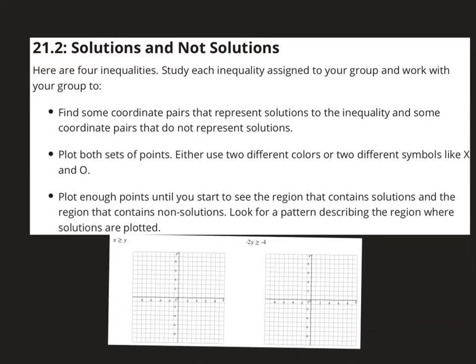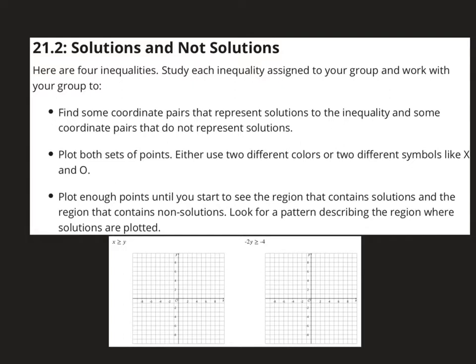We're going to place sets of both versions, some that do and some that don't, using 2 different colors. And then we're going to plot enough points till you start to see a region that contains the solutions, and we're going to look for a pattern describing the region.